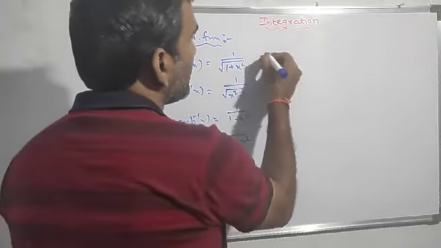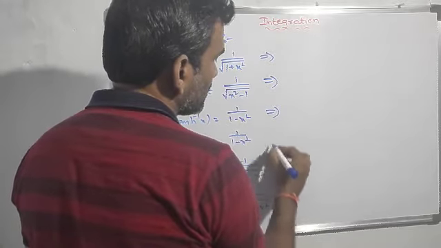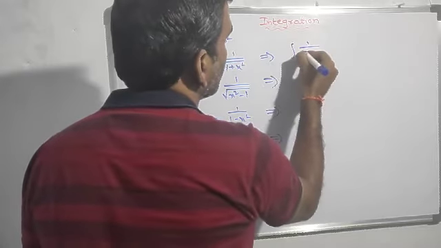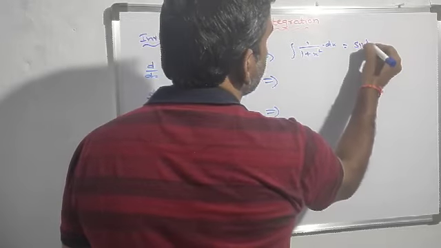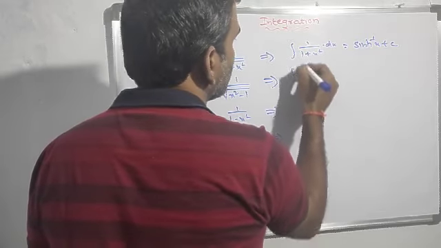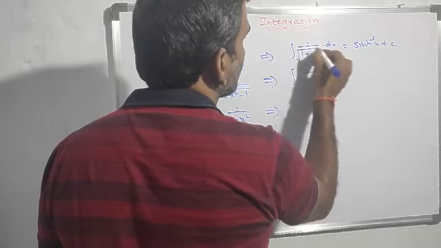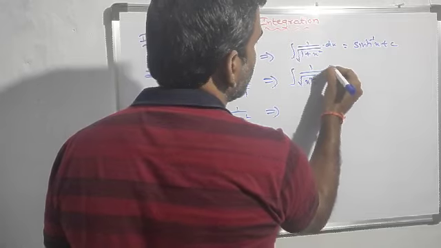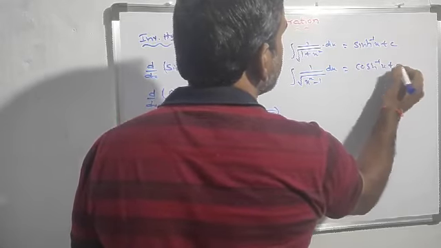From this we have to write down the integration formulas. Integration of 1 by 1 plus x square into dx equal to sin h inverse x plus c. Integration of 1 by square root of x square minus 1 into dx equal to cos h inverse x plus c.